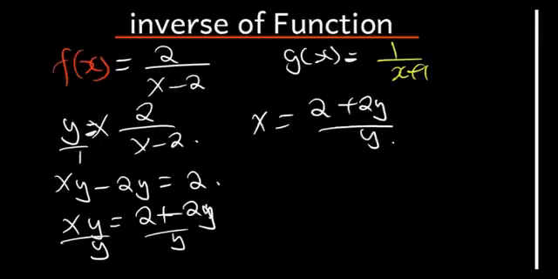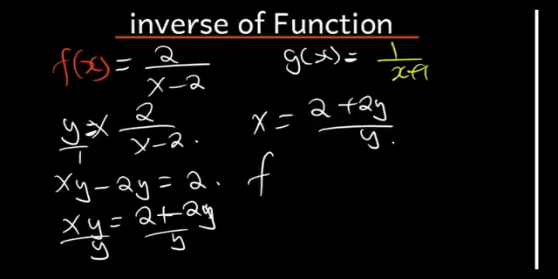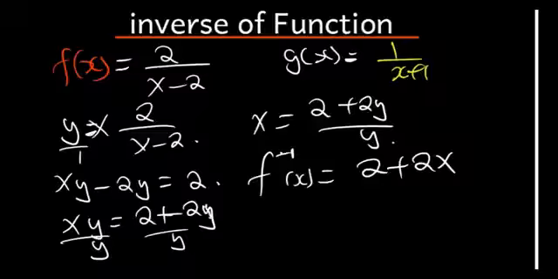Now from here, where there is y, I'm going to replace it with x. So my f inverse of x is going to be equal to 2 plus 2x, where there is y, I'm replacing back with x, everything divided by x.